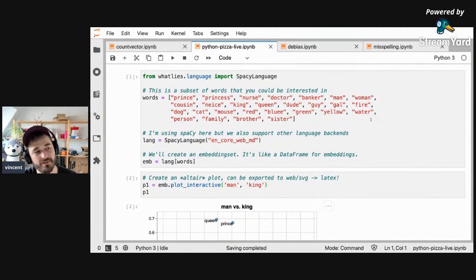So these are things I'm interested in adding to this library. And if you're interested in exploring some of these embeddings for the first time, you might enjoy playing around with this library because it also helps you explain how these word embeddings work to some stakeholders. This was the 10-minute demo of whatlies, I think.